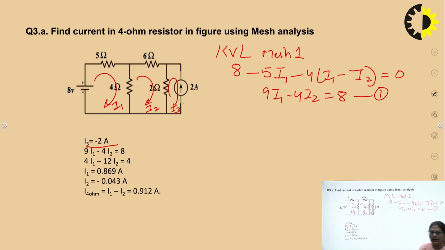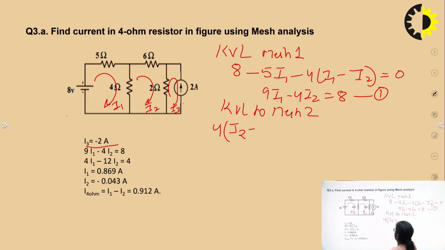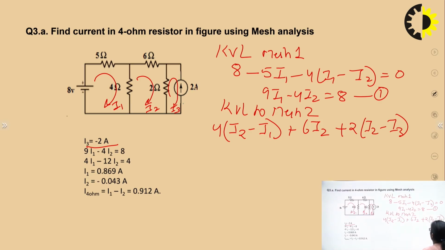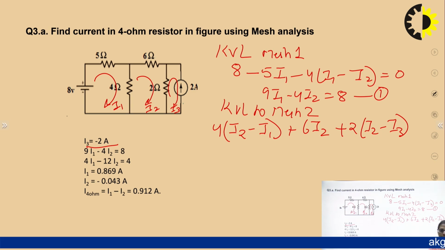Right? Once again, applying KVL to mesh 2. To this mesh, if I apply the KVL equation, then starting with this 4 ohms, so 4(I2 minus I1) plus 6I2 plus 2(I2 minus I3). Right?